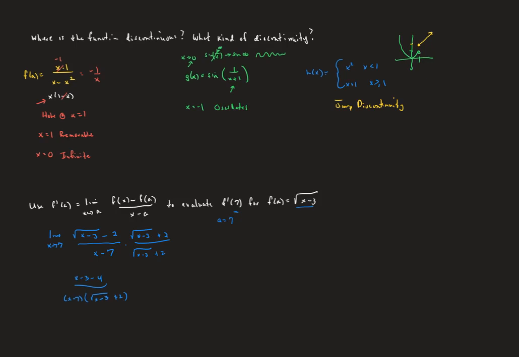The numerator is going to combine to be x minus 7, which will then cancel. Then we are free to take that limit as x approaches 7, and that will make this a 1 in the numerator, and we'll get the square root of 4 plus 2, which is 2 plus 2, which is 4, and that is going to be our f prime of 7.